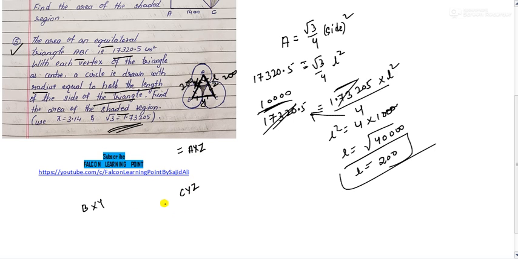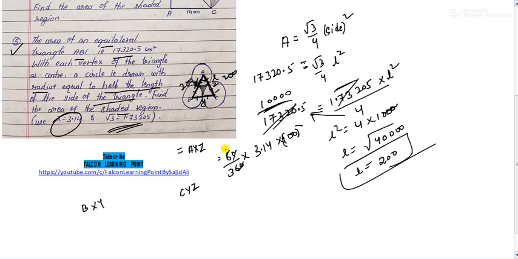Okay, all three will be equal, correct? So I will just find one. It is theta by 360. What will be theta? 60 degree. Why? Because it is an equilateral triangle and angle is 60 for that. So 60 by 360 into pi r square. Pi is 22 by 7, but they have given 3.14, so I'll take that only, into what is r? R is 100, correct? So I'll write it as 100 square.